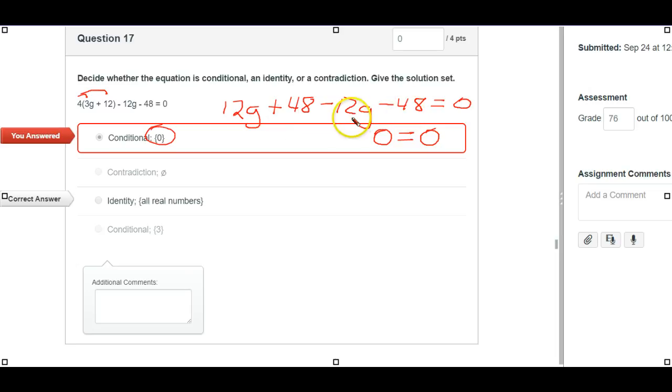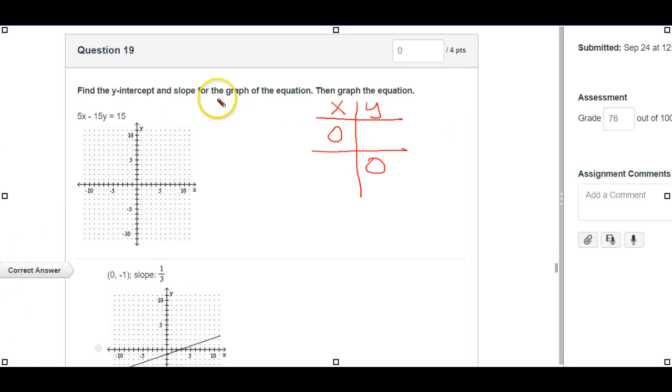These are an identity. So the answer is, for any identity, all real numbers. Whenever you end up with a true statement, there's no more letters. See, we don't have g equals 0, we have 0 equals 0.